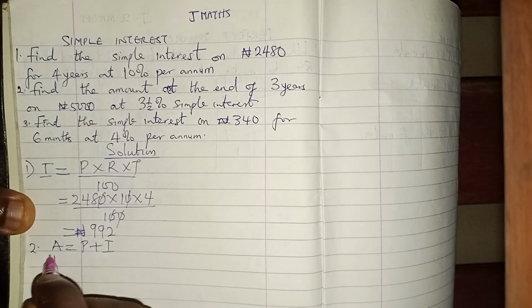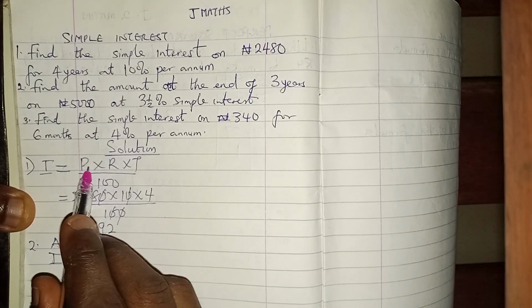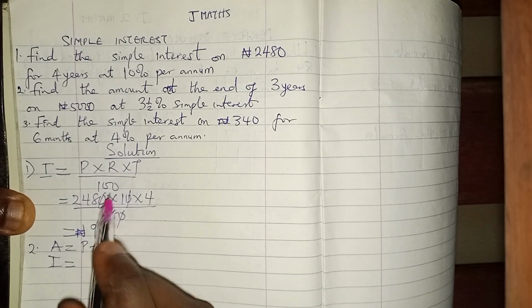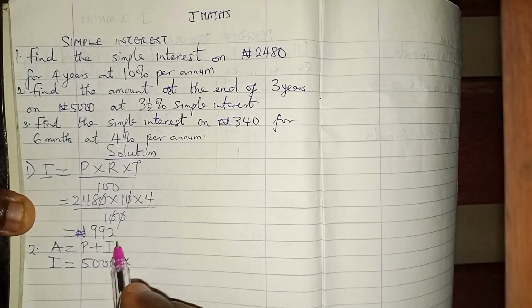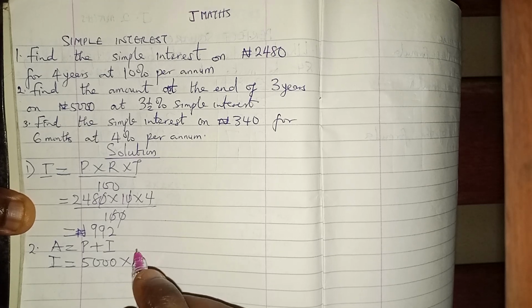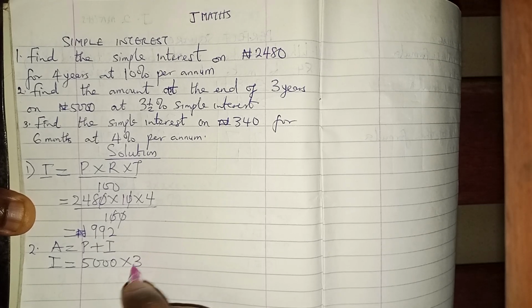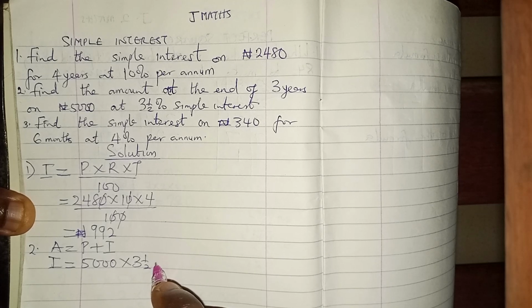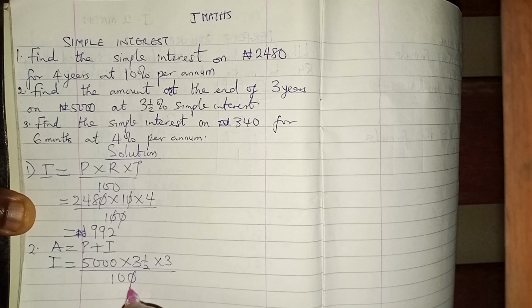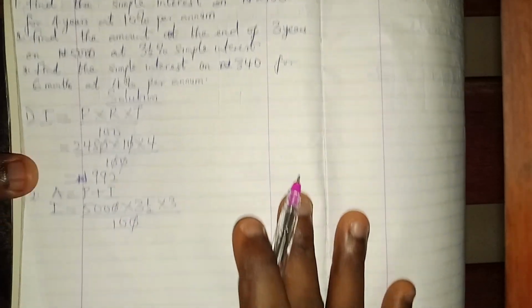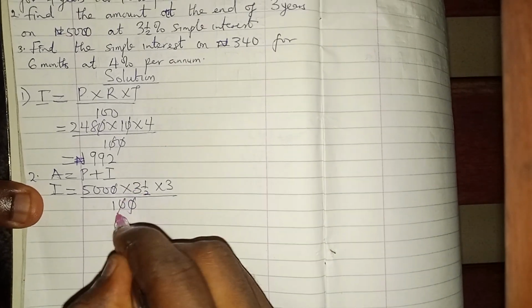I need to look for the interest. Interest equals the principal times rate times time over 100. The principal in this case is 5,000 times the rate, the rate is 3.5, times the time, the time is 3, over 100. 0 cancels 0 here, then we have another 0 cancel 0 here.